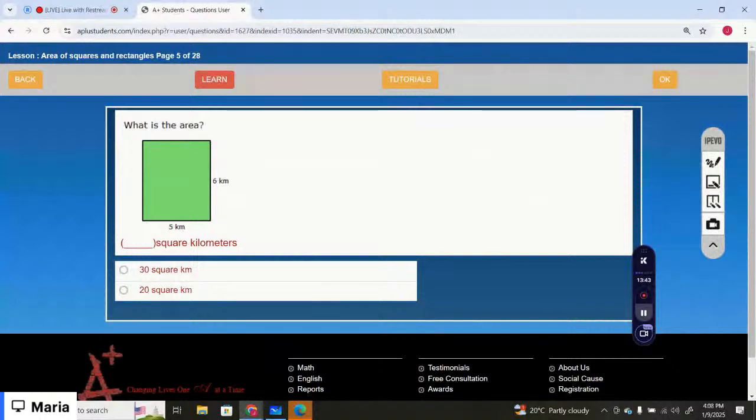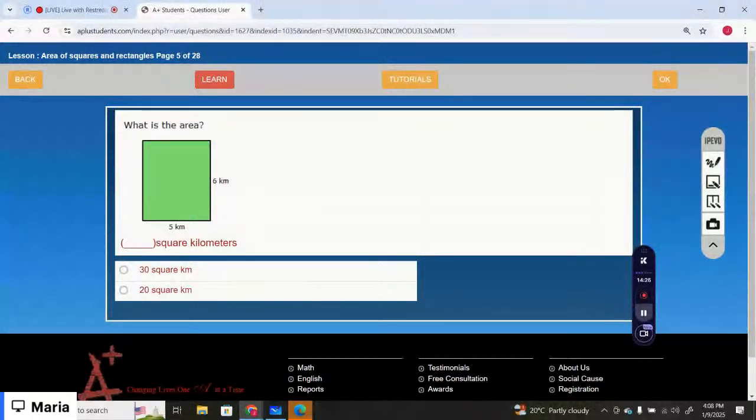What is the area? Which is the correct option? What is the area?